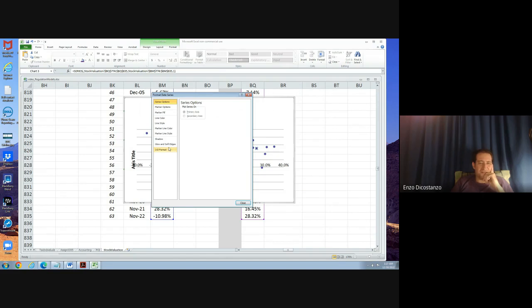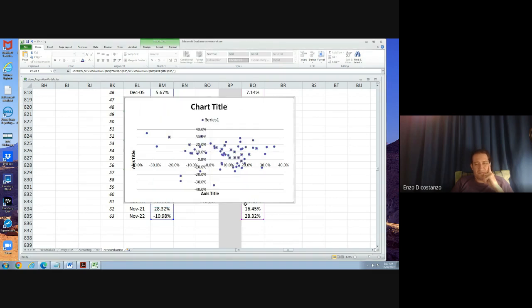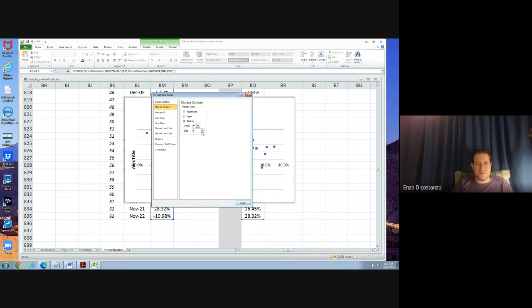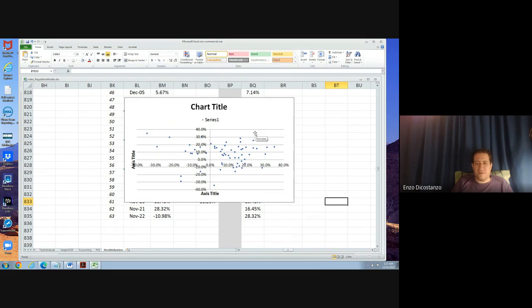Here's formatting your series. We don't need a line. All right, as well as you remember it, we'll do something with that. These might be a little bit big, so even like that. But you can see though, one doesn't lend itself to the next.